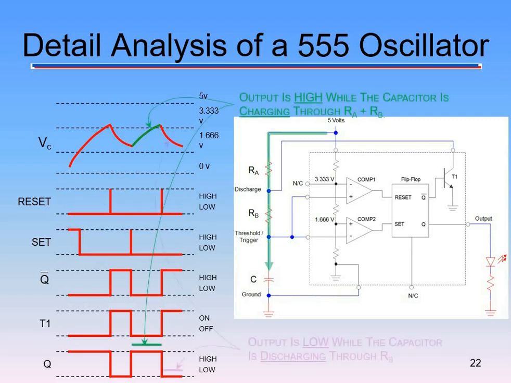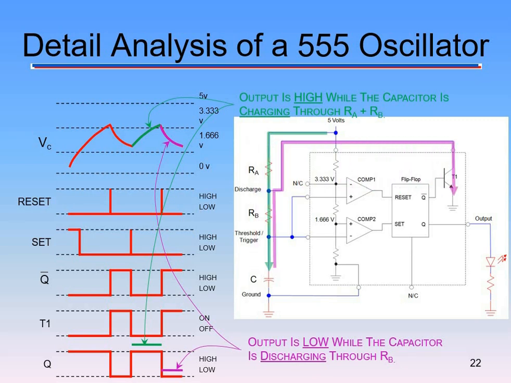Okay? So now, if we take a look at this chart here, when the output's high, the capacitor is charging through RA and RB. When the capacitor is discharging, and we're creating that low signal, it's discharging through RB.